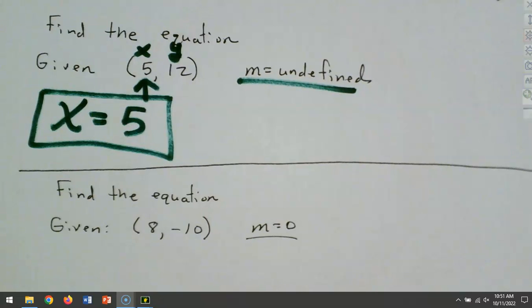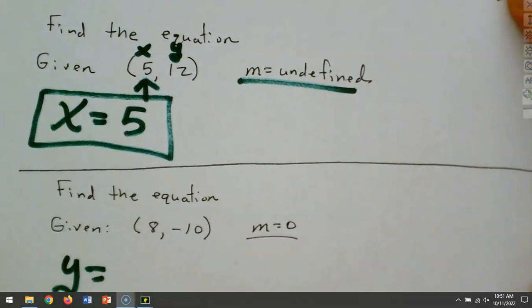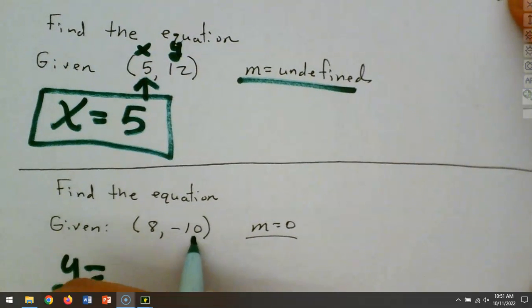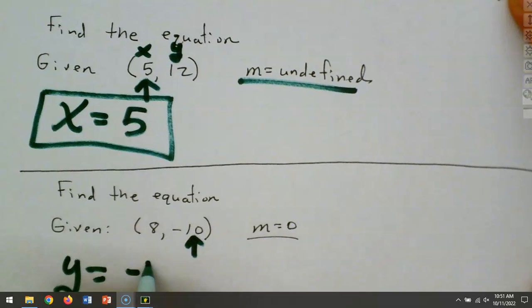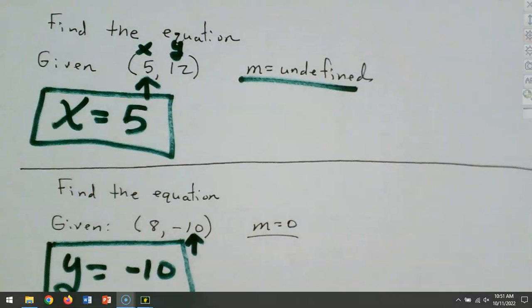Because if my slope is 0, what type of line is it? It is a horizontal line. So a horizontal line is a y line. And what's the y component of your ordered pair? Negative 10. So my answer would simply be y equals negative 10. That's it.